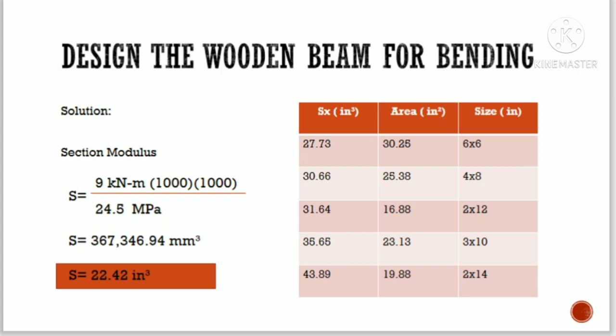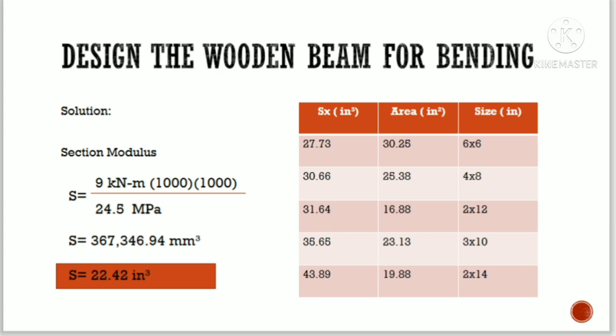Next to 30.66 is 31.64, having an area of 16.88 inch squared, and the size is 2 by 12. Next is 35.65, having an area of 23.13 inch squared and size 3 by 10. Then the last is 43.89, with an area of 19.88 and a size of 2 by 14.